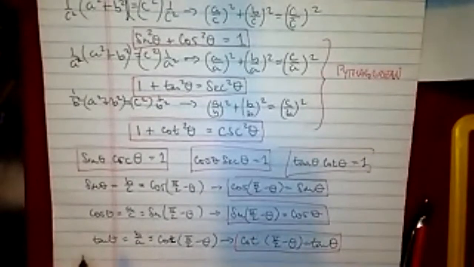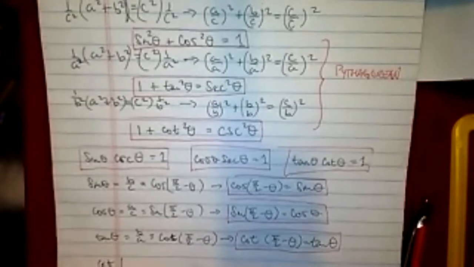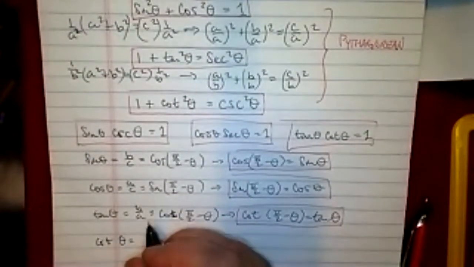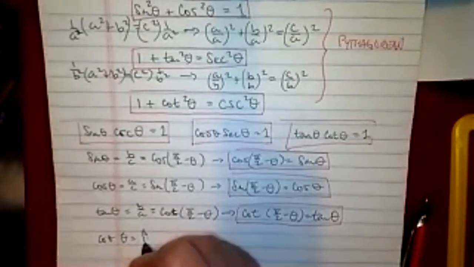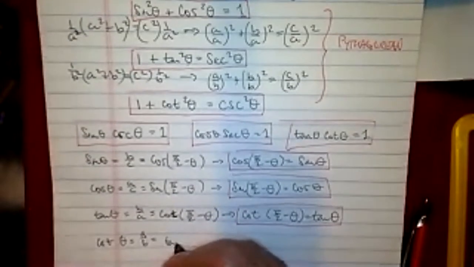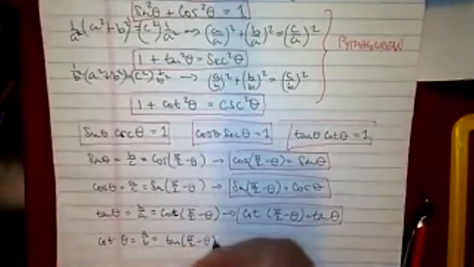Now we can do the cotangent of theta, which is adjacent over opposite, so that's A over B. Well, that happens to be the same thing as the tangent of the coangle. So the tangent of the coangle is opposite over adjacent, so that'd be A over B as well.